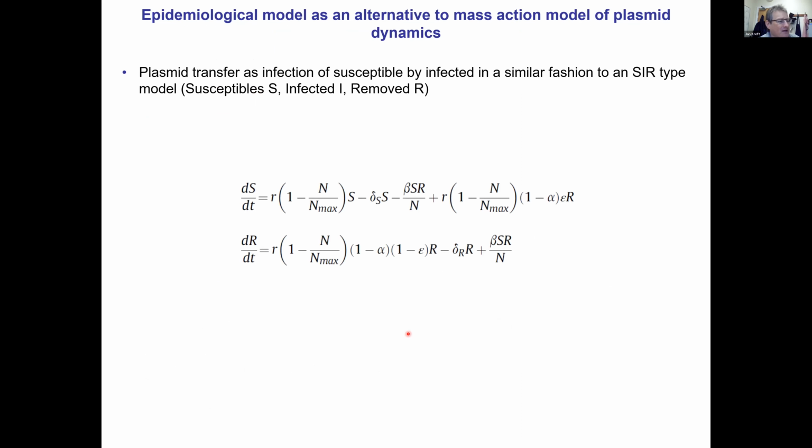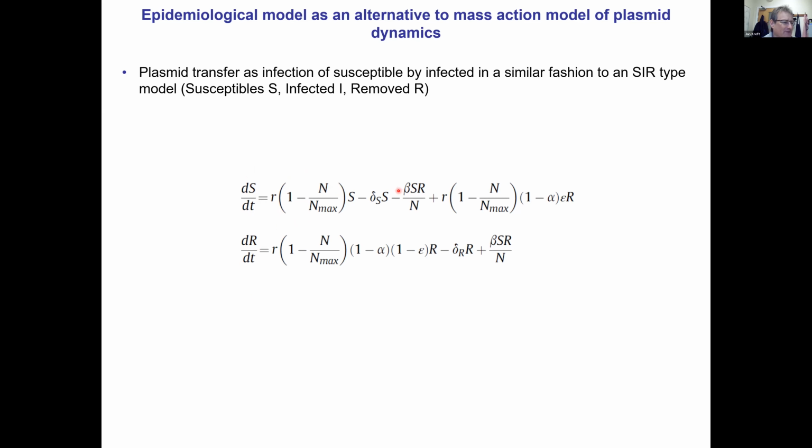So here, this is another way to model plasmid dynamics where we are having no resource dynamics. S is sensitive bacterium here, not substrate, and R is resistant bacterium, not recipient. And this is our logistic growth term.